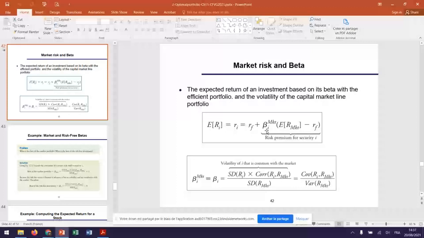Once you know the beta, which quantifies the magnitude of the market risk, you simply multiply it by the market risk premium. The market risk premium is the expected return on the market portfolio minus Rf. When you subtract Rf, we call this the risk premium. The risk premium on the market multiplied by the beta gives you the risk premium for stock i.